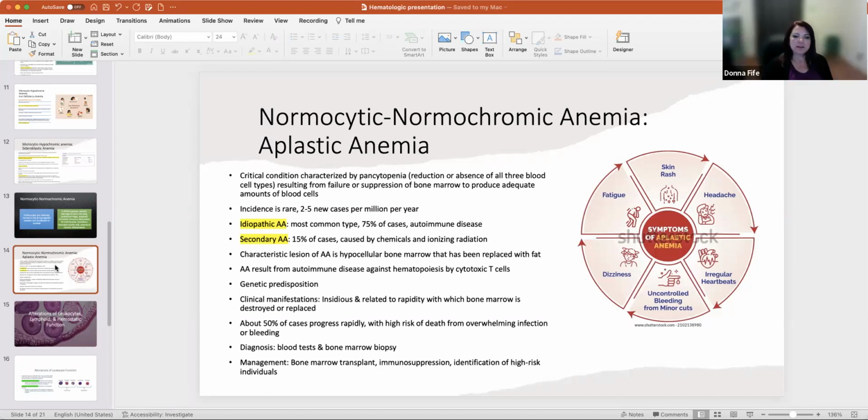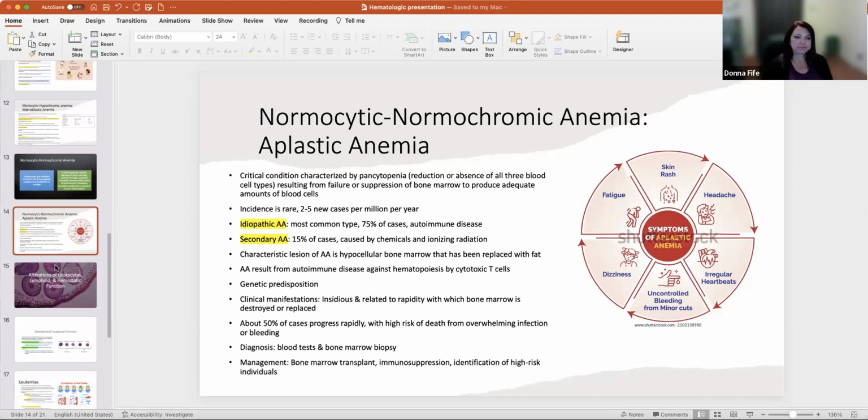About 50% of cases progress rapidly, with a high risk of death from overwhelming infection or bleeding. Diagnosis is done through blood tests and bone marrow biopsy, and management is bone marrow transplant, immunosuppression, and identification of high-risk individuals.